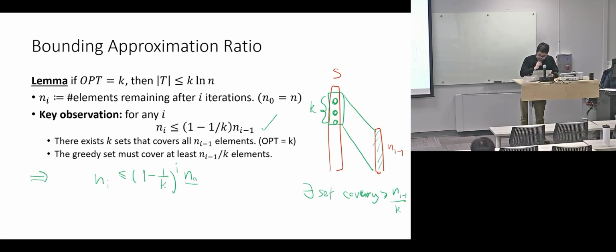But this is basically less than e to the minus i/k times n. Again, note this inequality.